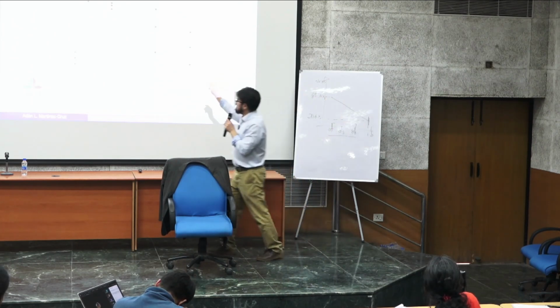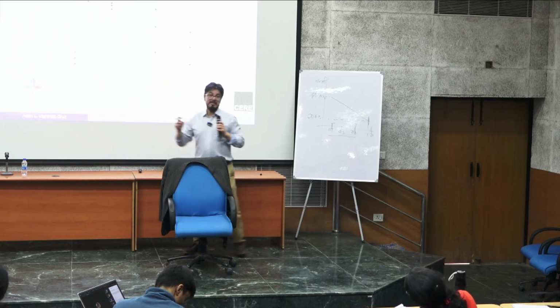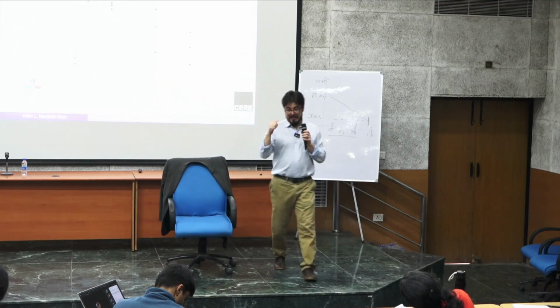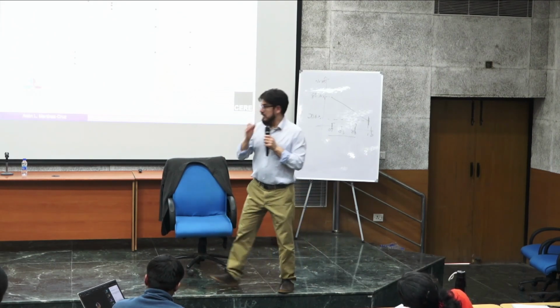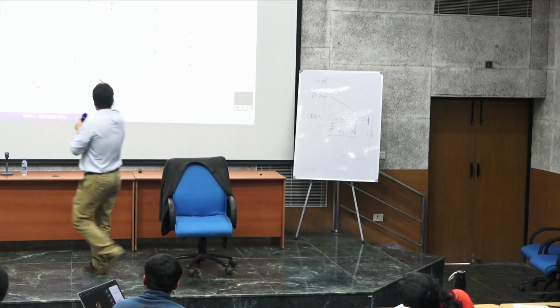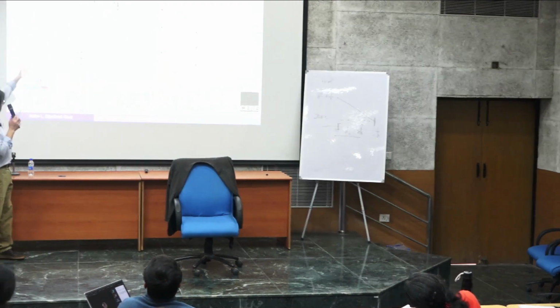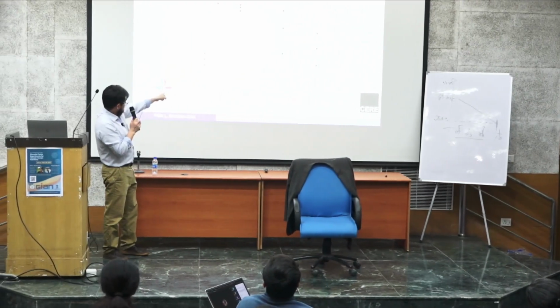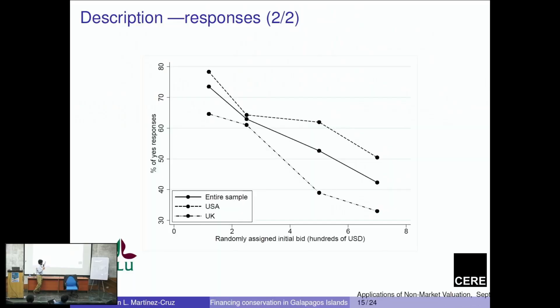In this application I'm showing to you, the people that we were asking if they were willing to pay an extra for entering the Galapagos Islands, let's focus on the one in the middle. They went from 73% saying yes to around $100, to 42% saying yes to $700.